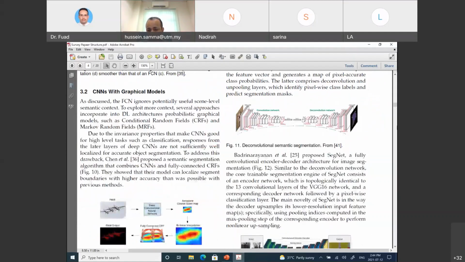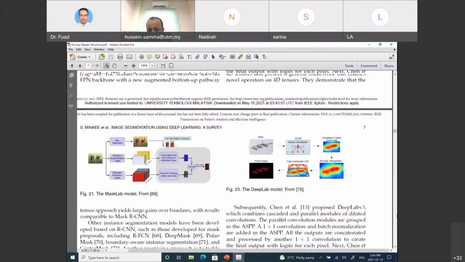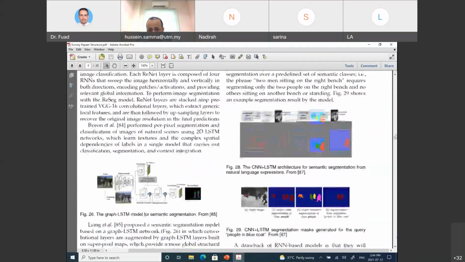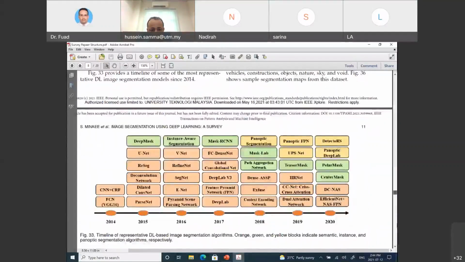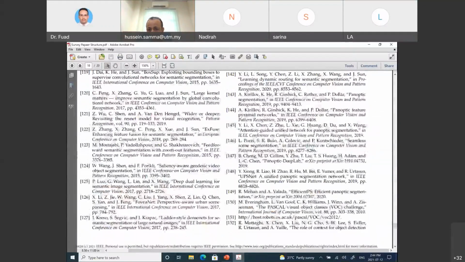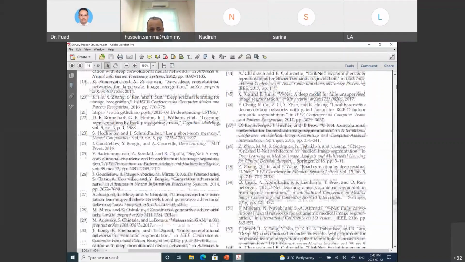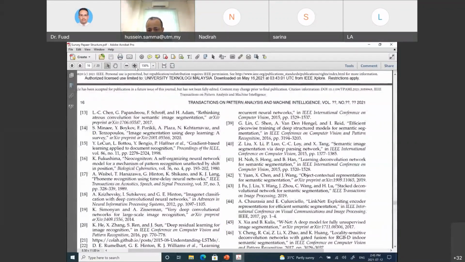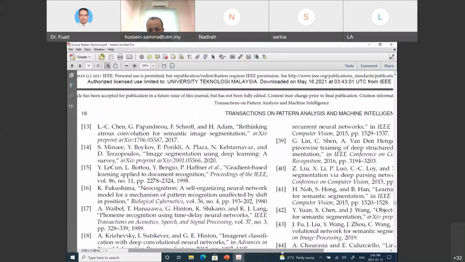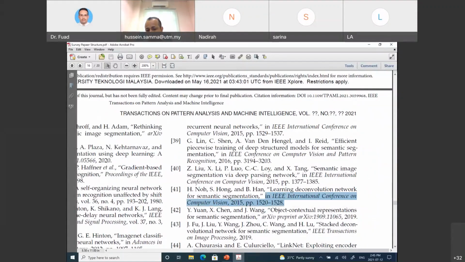I see the reference here, 41. So this is the reference of this paper, and this is just a conference paper. They have used the encoder-decoder to make the segmentation.